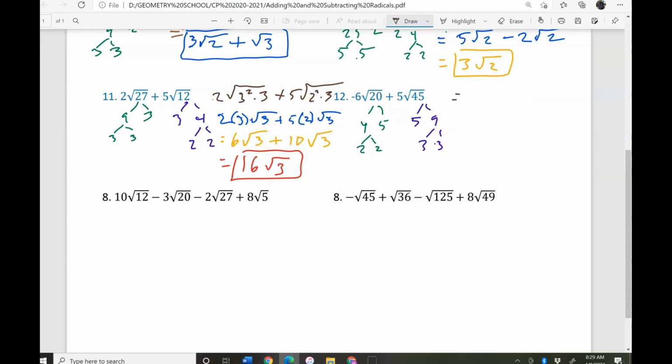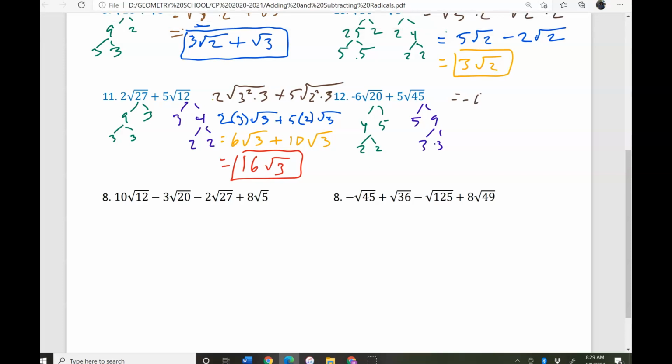So this becomes negative 6 square root of 2 squared times 5 plus 5 square root of 3 squared times 5.